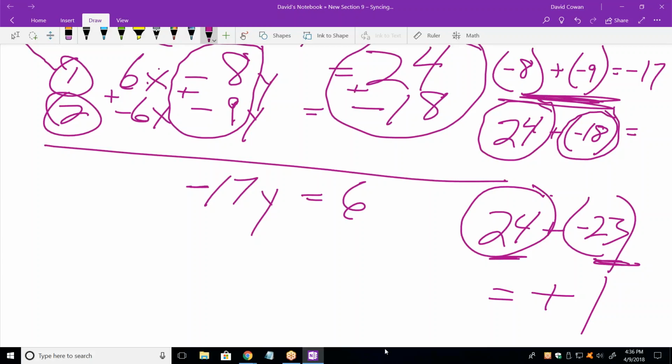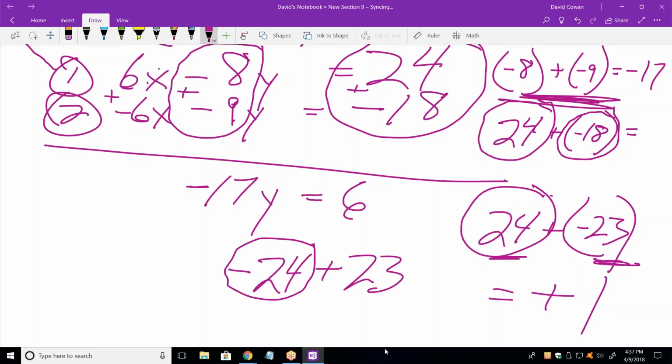If I'm adding negative 24 to positive 23, I'm still adding a negative number to a positive number, but this time the negative number is bigger, so my answer has to be negative. It's that simple, okay?